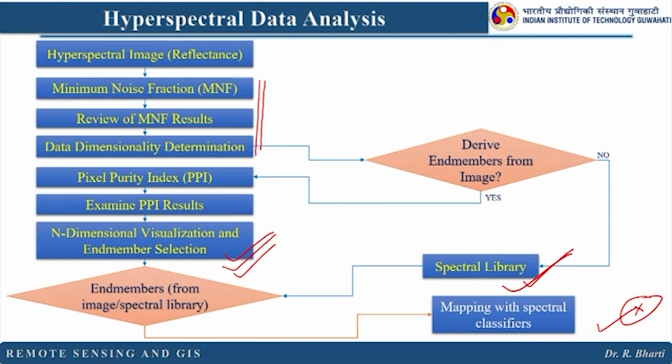So ultimately library spectra is required to either directly classify the image or indirectly identify the composition of that spectra which is used in this spectral classifier as reference, right?